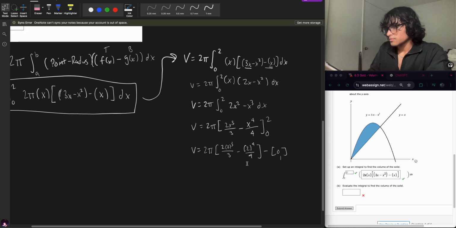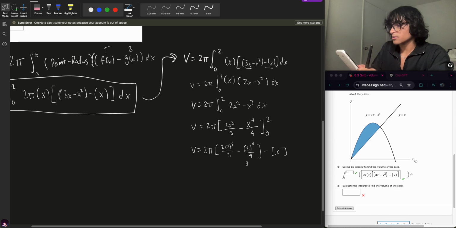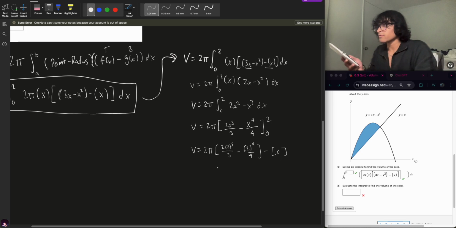I'm going to try to speed this up, because this is not the hard part. All right, we have 2 pi times 4 over 3 minus 0. And 4 times 2 is 8. So then our final volume should be 8 pi over 3.